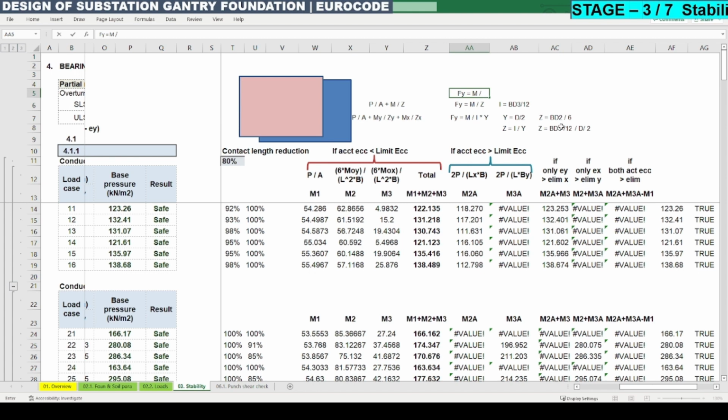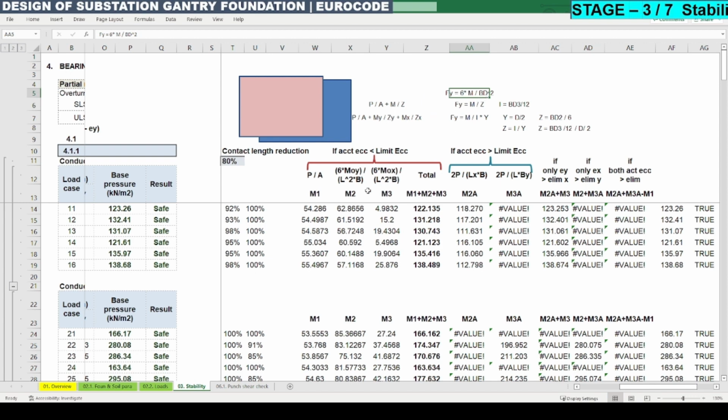So this 6 is going down, so it should come up to here. We can multiply the 6 here. So now you can see that the bending stress equation is arrived as Fy equal to 6 into M by bd square. So this same approach we are applying here.